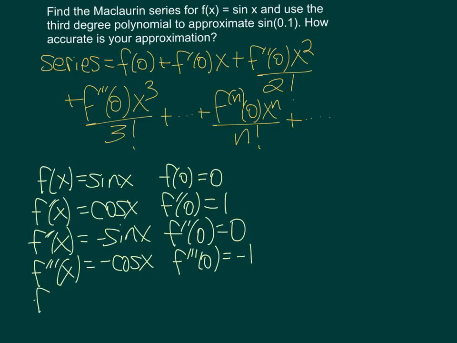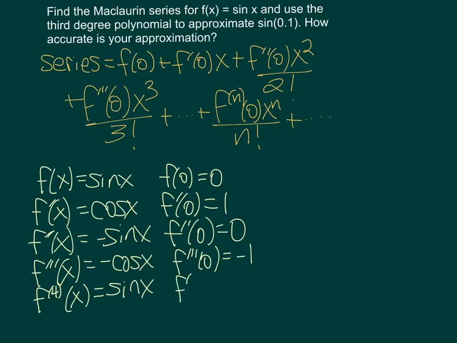Let's do one more derivative, and I think we'll be able to see a pattern. When we get beyond 3, the convention is to put the number 4 up there as a superscript in parentheses rather than many, many, many little apostrophes. The fourth derivative is the derivative of negative cosine, which would be a positive sine x.